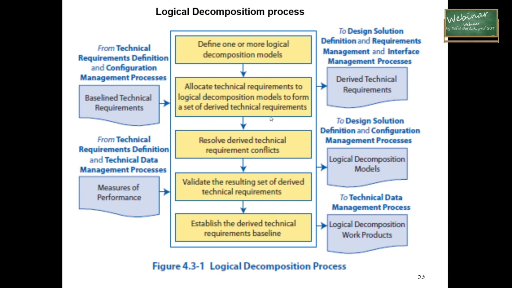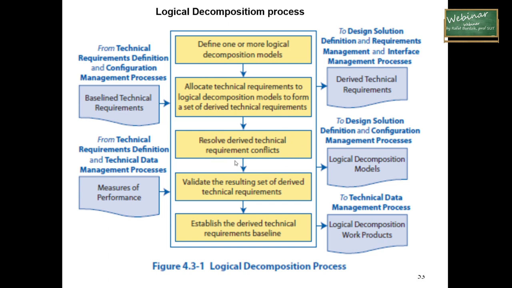Then you have to allocate technical requirements to the logical decomposition model to form a set of derived technical requirements. So it is the place and the time when you will use the results of the technical requirements process. Then you have to resolve derived technical requirements conflicts.